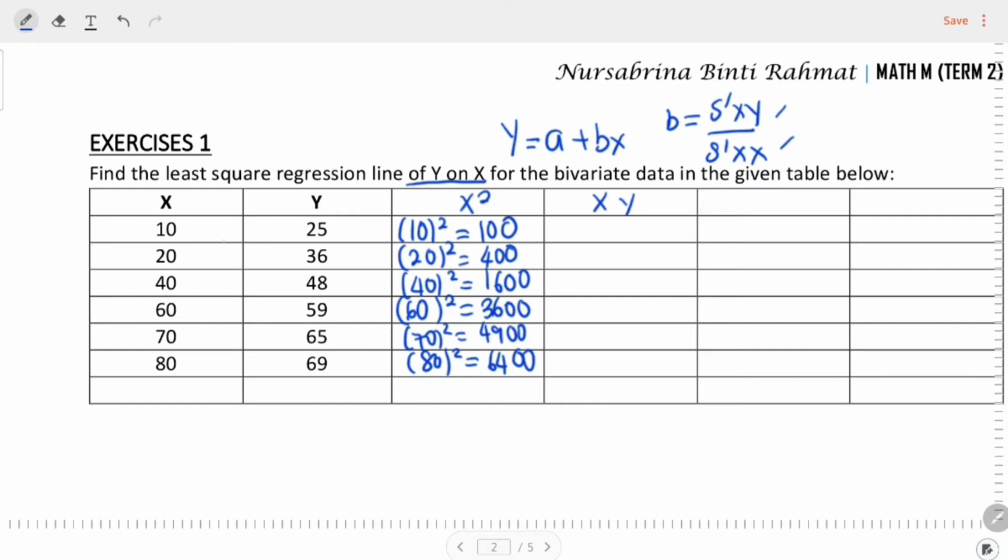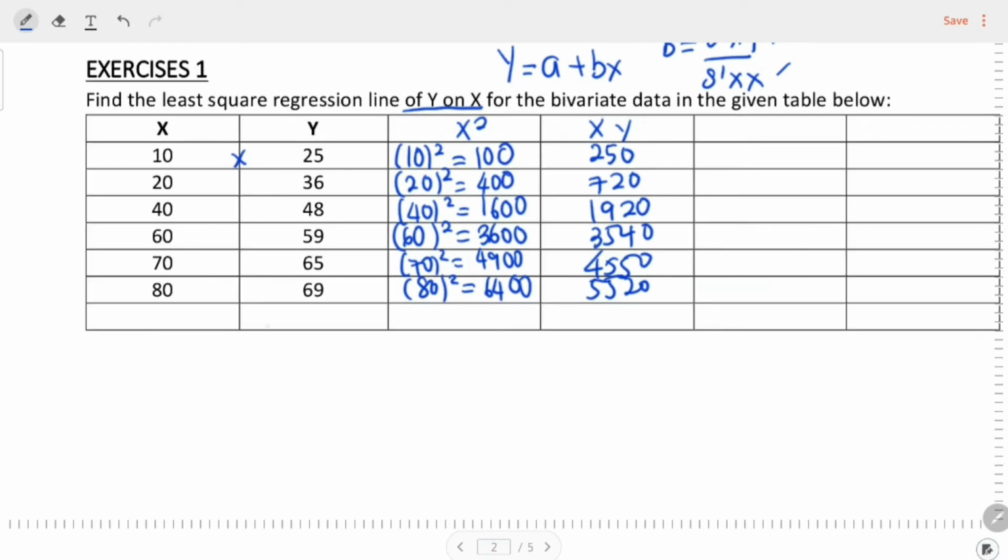What about xy? xy is simply x multiplied by y. So the first is 250, secondly is 720, thirdly is 1920, then 3540, 4550, and 5520. Next we need to find the sums.